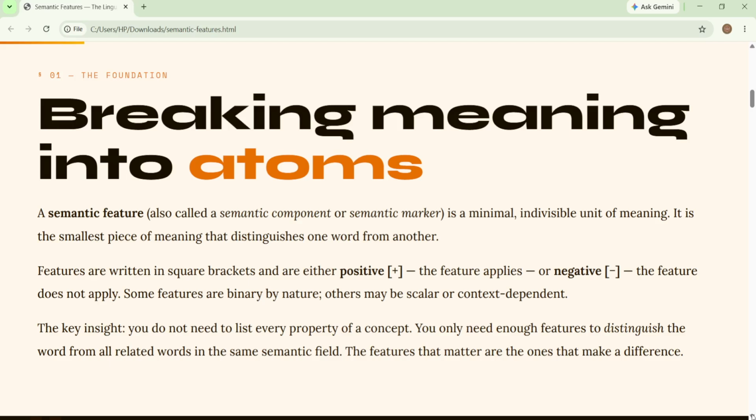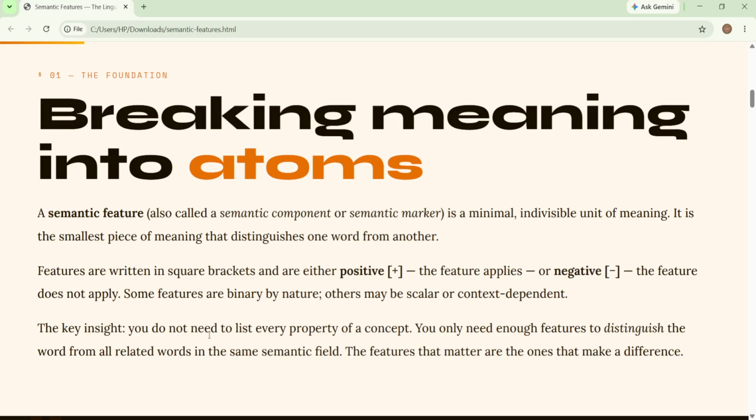Features are written in square brackets and are either positive, meaning the semantic feature applies, or negative, in case it does not apply. Some features are binary in nature, others can be scalar or context dependent. So the basic core here is that meaning is not fixed, it depends upon the context too.